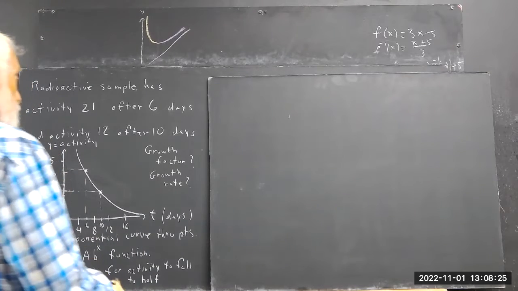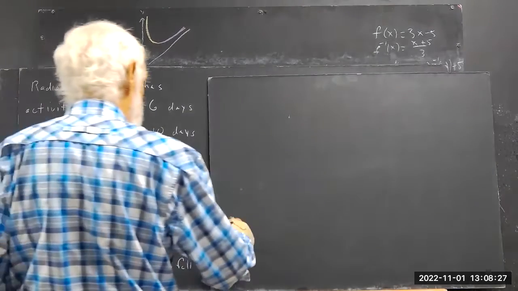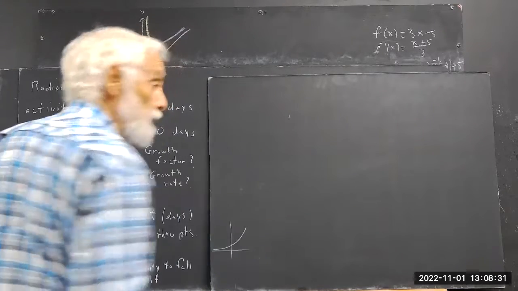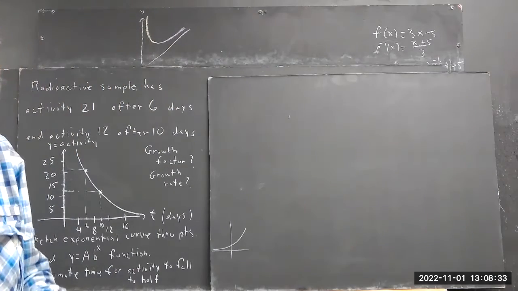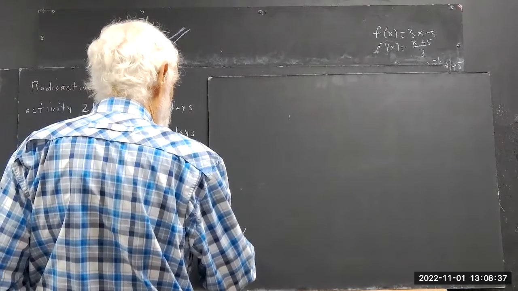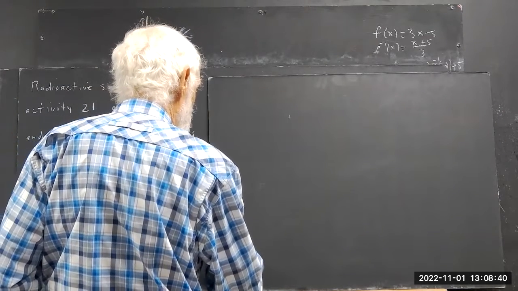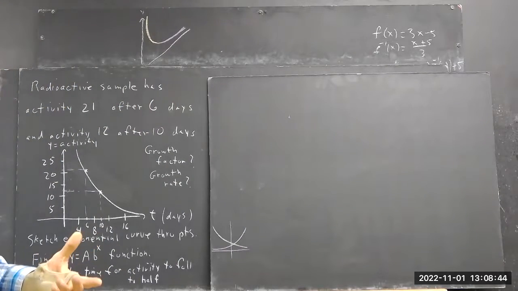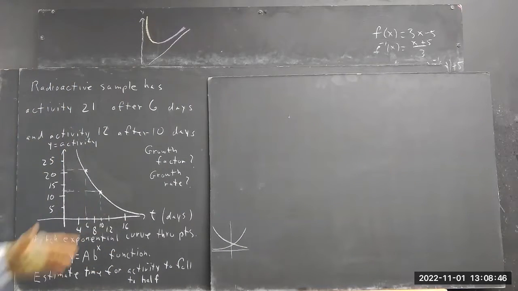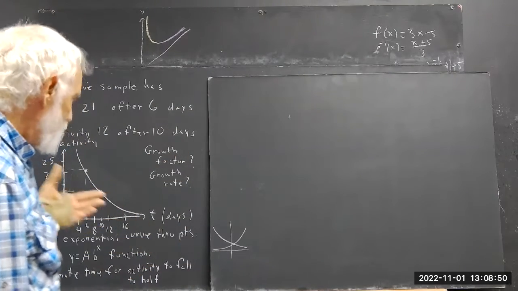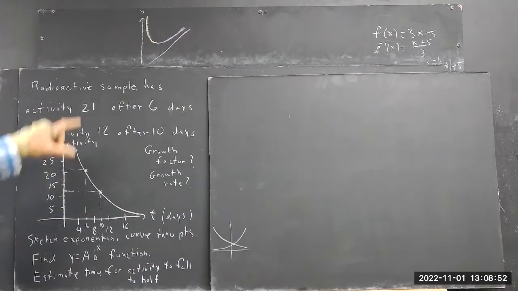Remember, an exponential function has a graph that looks like this. And if you have a value of the base that's negative, it's going to look like this. Okay, those are two basic shapes. And of course, you can raise or lower the graphs, but that's not the case.